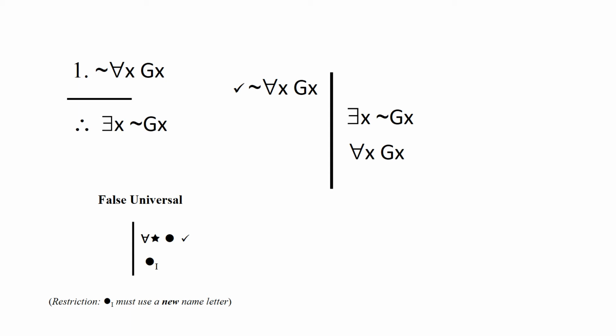Now, so far in this tree, there are no name letters, so we're free to use whatever name we want. So we'll build a little instance using A. If universal x, Gx is false, then it's got a false instance, say GA. And we check that universal. We're only promised one false instance. We don't get to go back to that universal sentence for more instances, and that's why we check it.